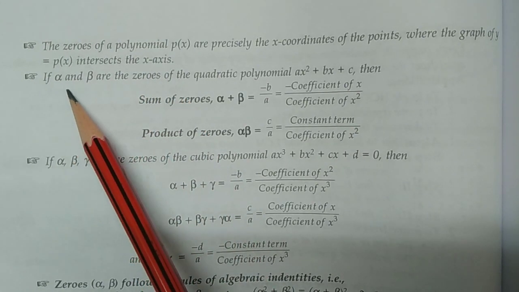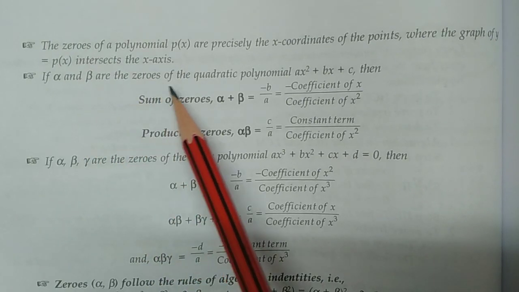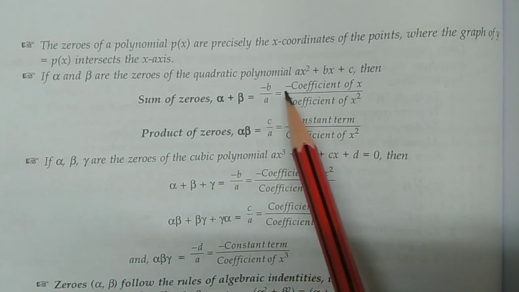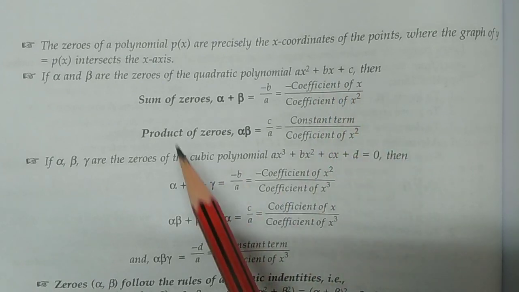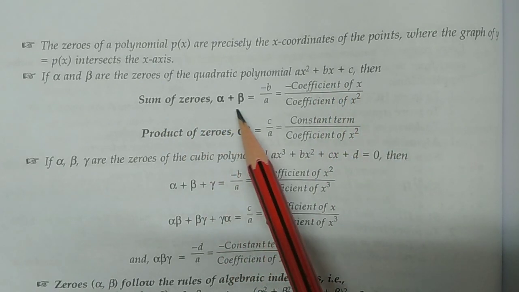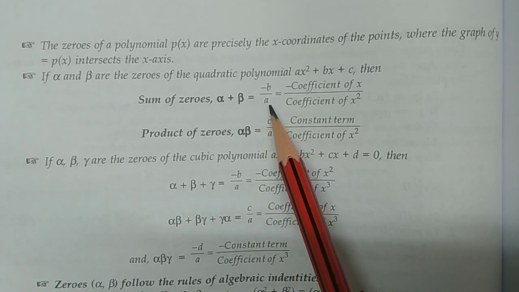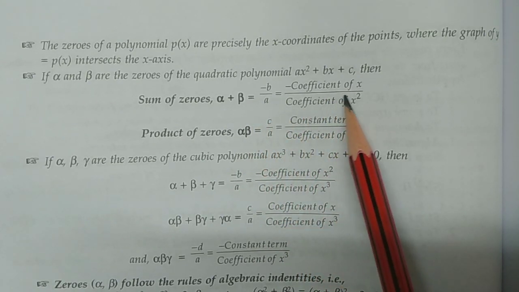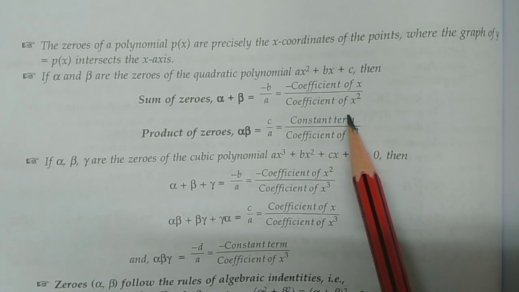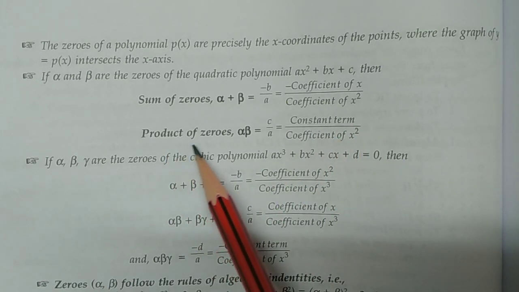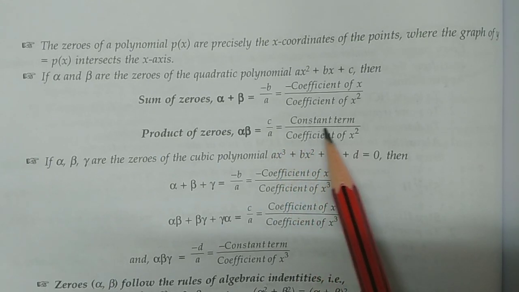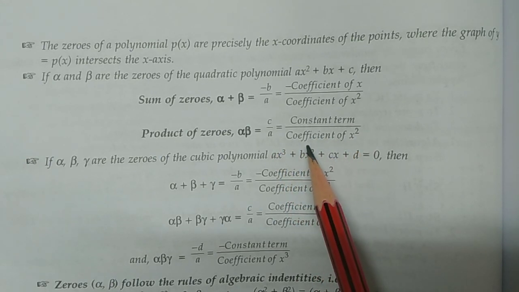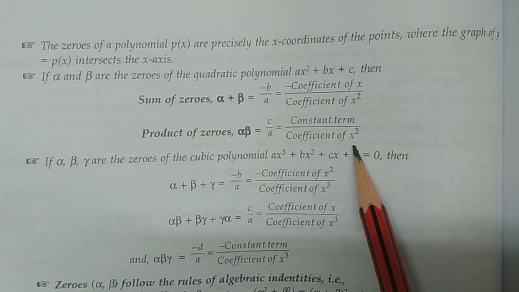If alpha and beta are the zeros of the quadratic polynomial ax square plus bx plus c, then sum of zeros alpha plus beta equal to minus b by a, that is minus coefficient of x by coefficient of x square. Product of zeros alpha beta equal to c by a, that is constant term by coefficient of x square.